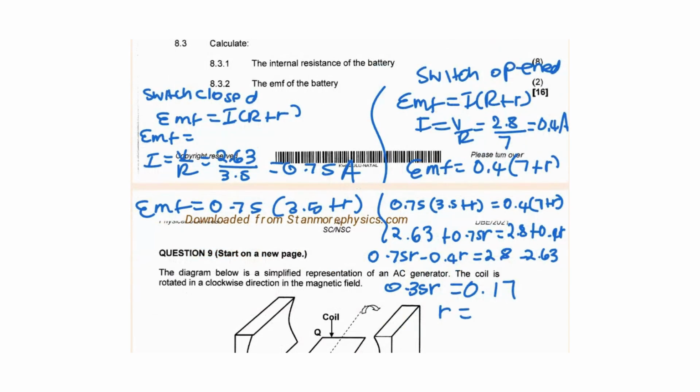So r is 0.17 divided by 0.35, and r is 0.49 ohms. So that would be the value of small r.